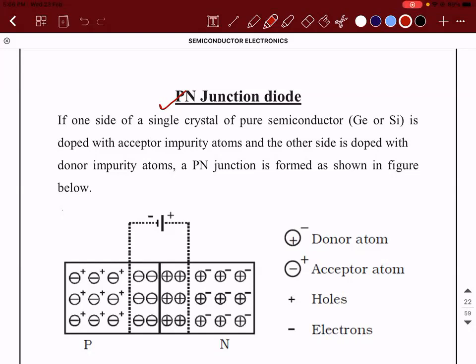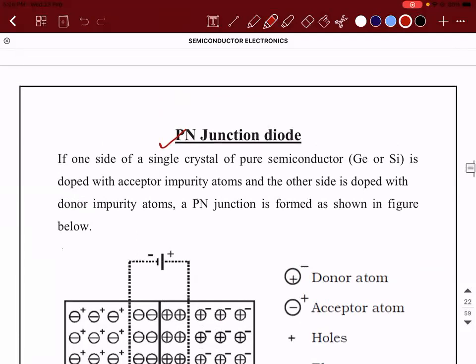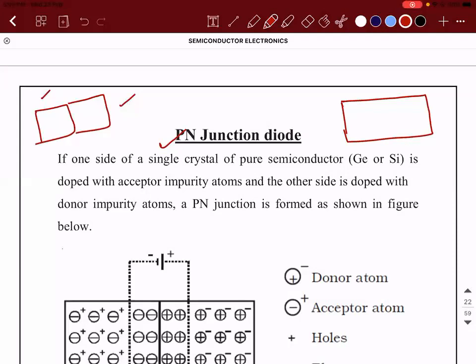The first point I need to mention is how a PN junction diode is actually formed. The misconception people have is that they take a P-type semiconductor and an N-type semiconductor and merge them together to get a PN junction diode.